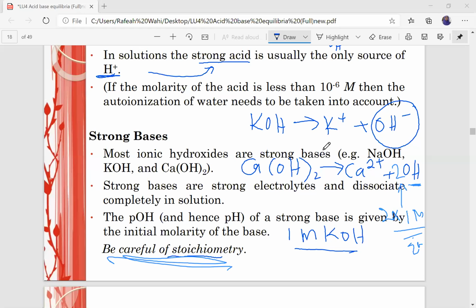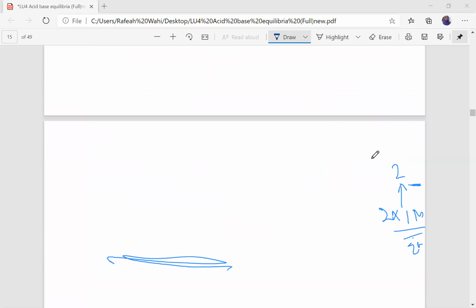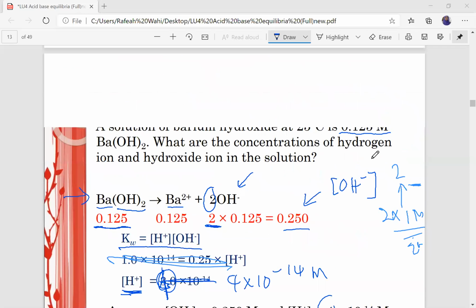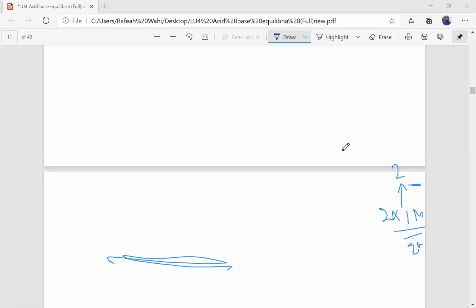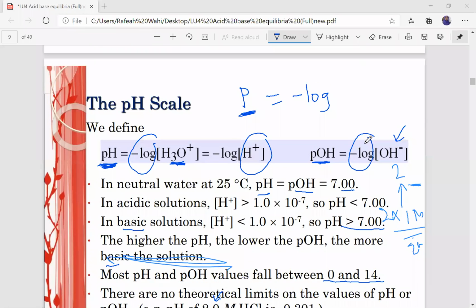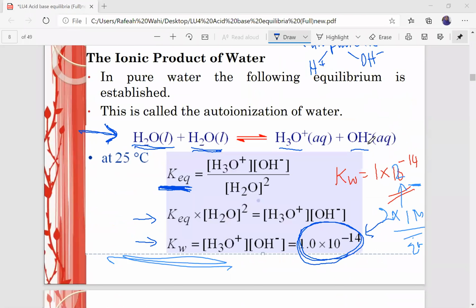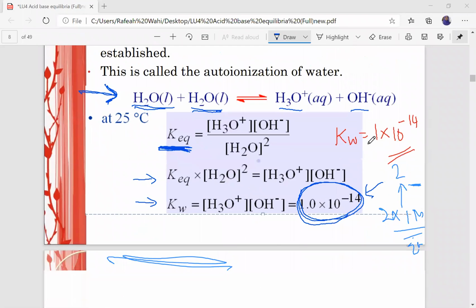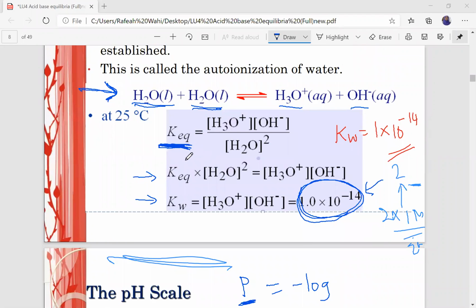Let me just go back to the slide just now. Water, Kw. All chemical solutions have the equilibrium constant. Kw is the equilibrium constant for water.